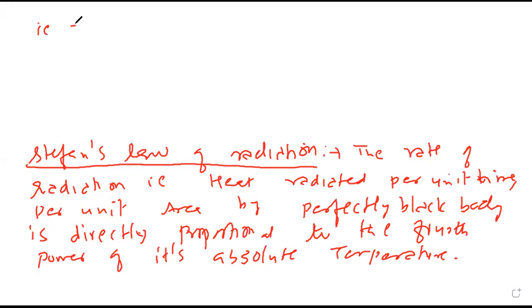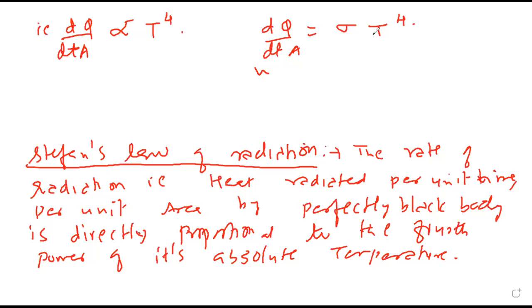That is dQ by dt A is proportional to T raised to 4. So dQ upon dt A is some constant, here it is sigma T raised to 4, where sigma is a constant called Stefan's constant.